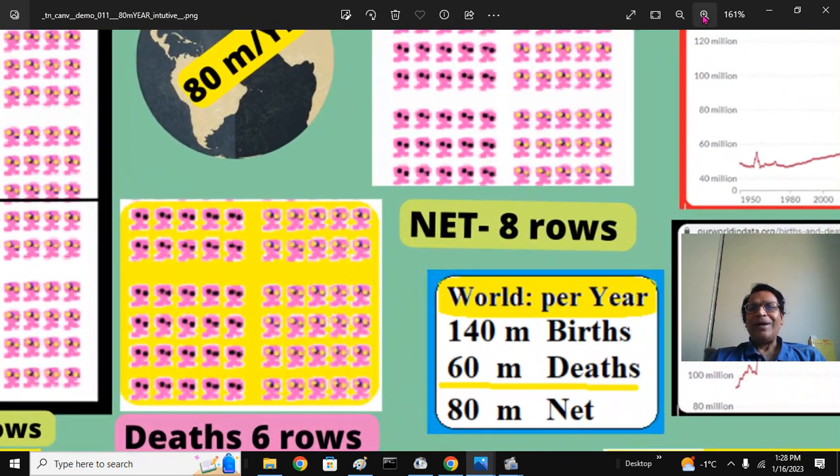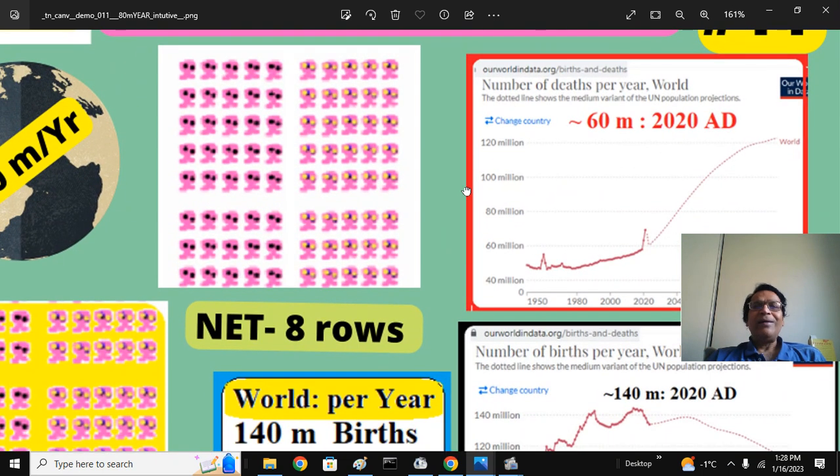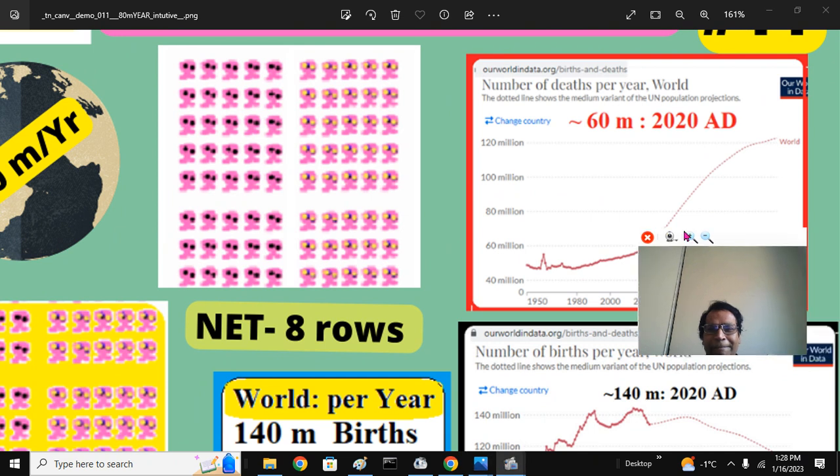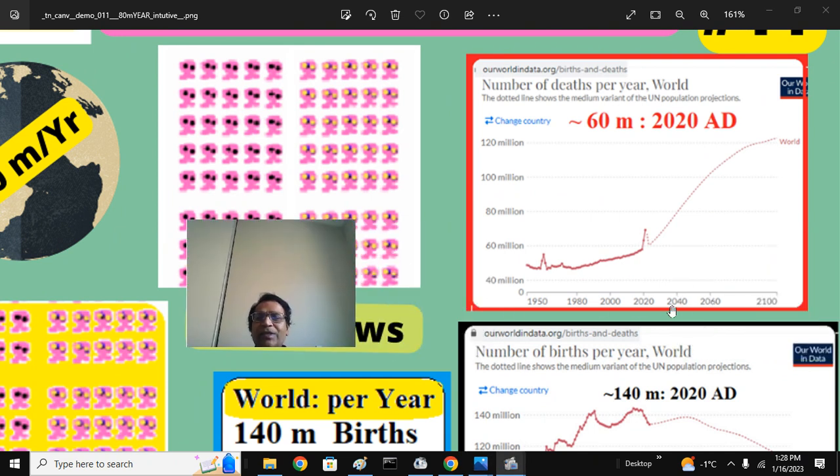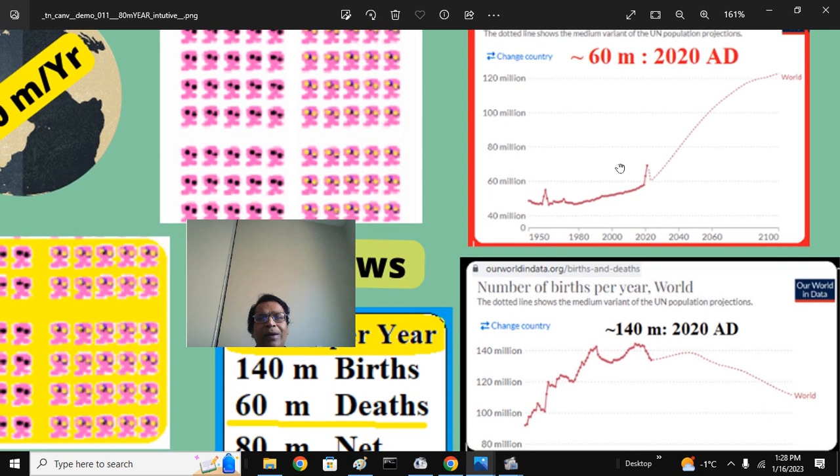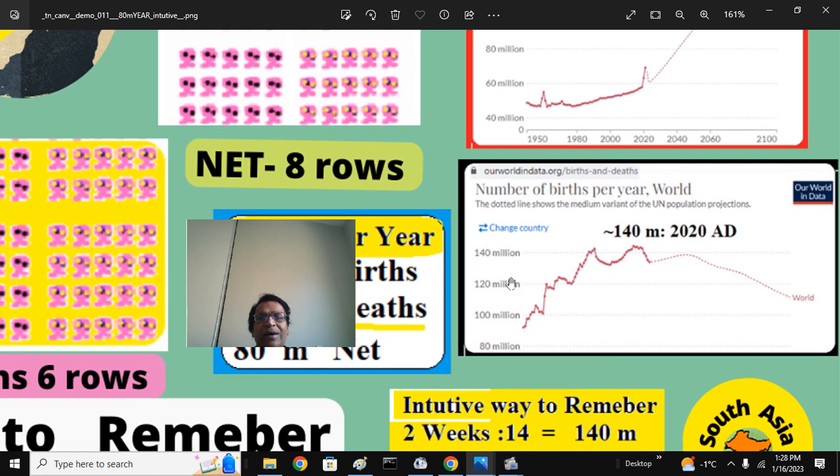If you look at this map, I got it from oneworldindia.org. This is the human population, this is the number of deaths. For every year, this is roundabout 60, almost the same, maybe a little more or less. So 60 million people die every year.